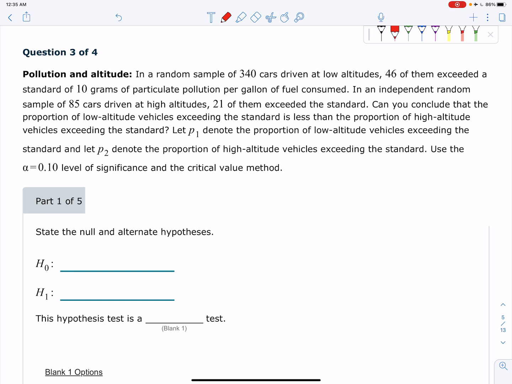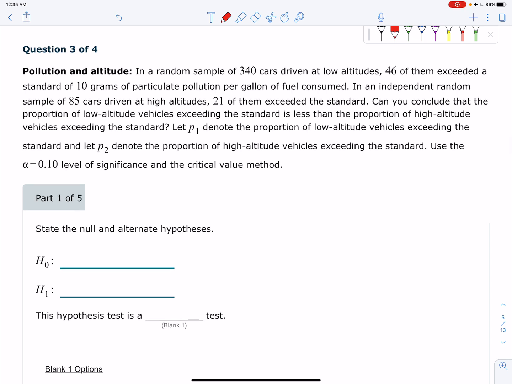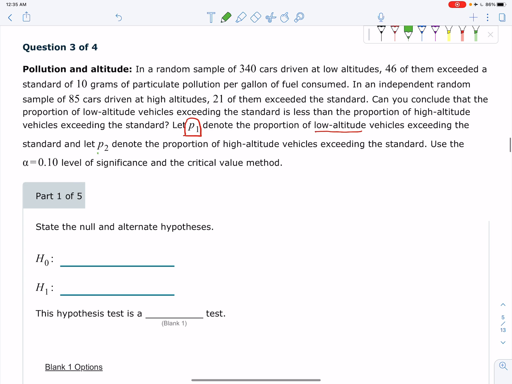So it seems like there's a lot going on, and there's a dog barking in my house. But like I said, what I would do is go down here and see how they defined P sub the proportion from the population. They said let P sub 1 denote the proportion of low altitude vehicles exceeding the standard, and let P sub 2 denote the proportion of high altitude vehicles exceeding the standard.